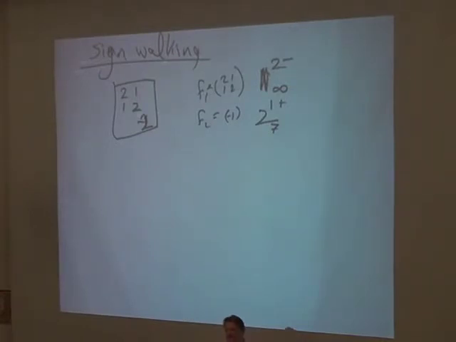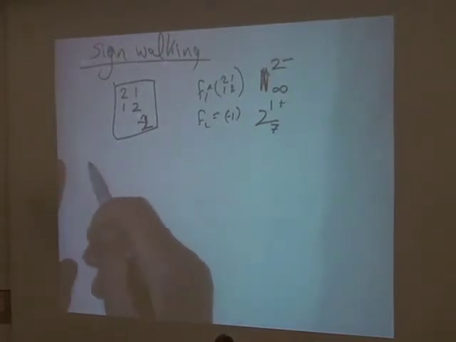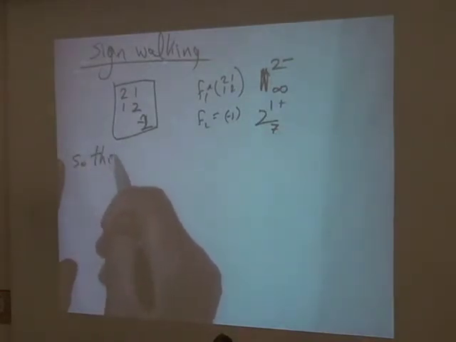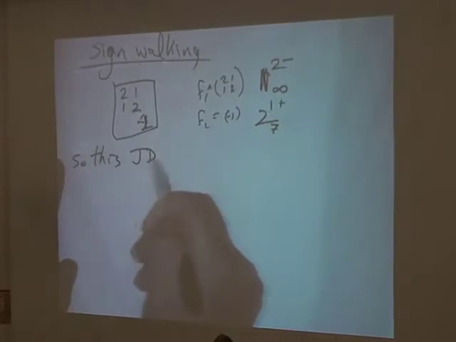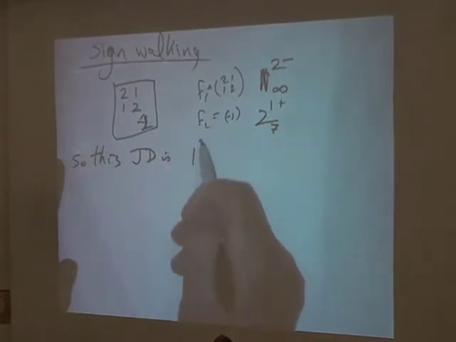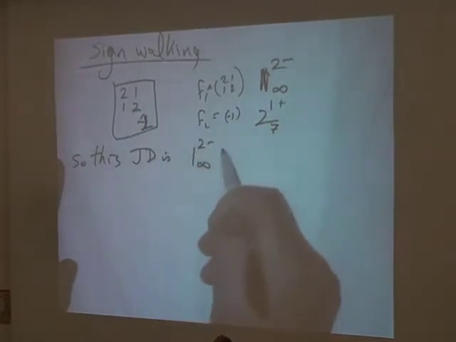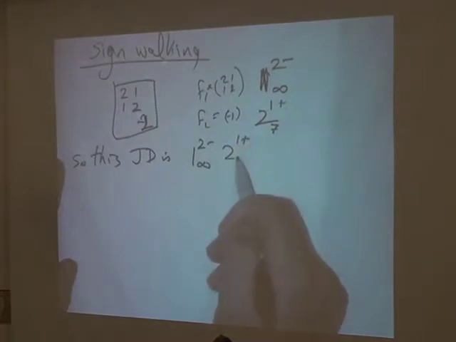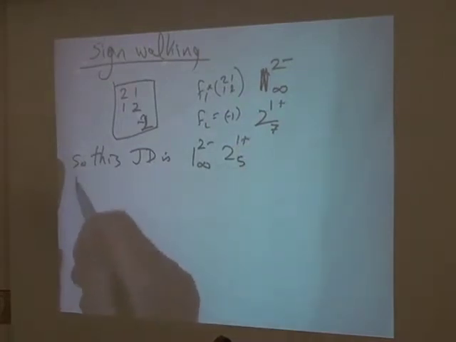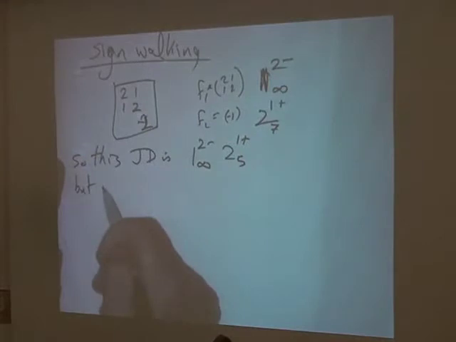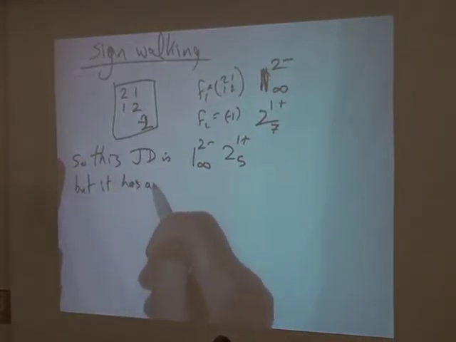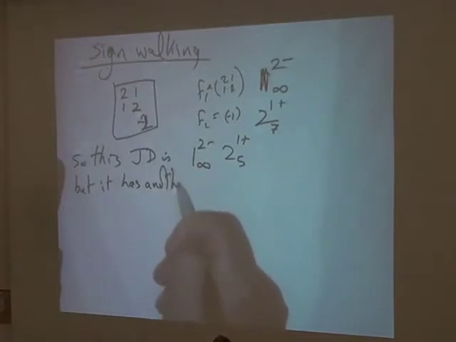And now we can do something else with it. I was going to transform it the way I did the other little one for you. So this Jordan decomposition is 1 to the 2 minus sub infinity, 2 to the 1 plus sub 7.